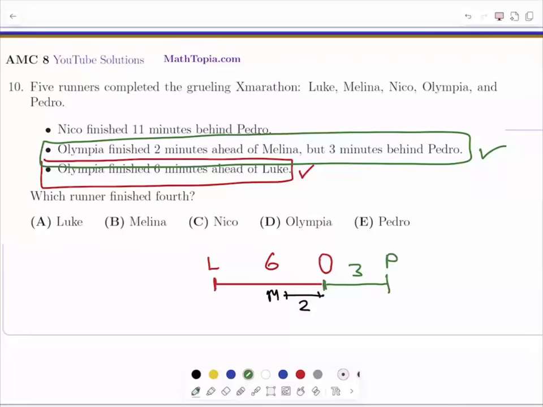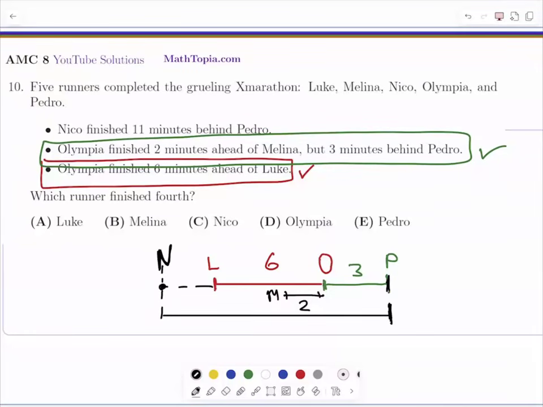And how do I use the first piece of information? Nico is 11 minutes behind Pedro. What I am going to do, Yusuf, is go from Pedro to how many minutes behind? 11. 11 minutes behind, right? Yes. Is it okay to have Pedro here? No, sorry, Nico, right?